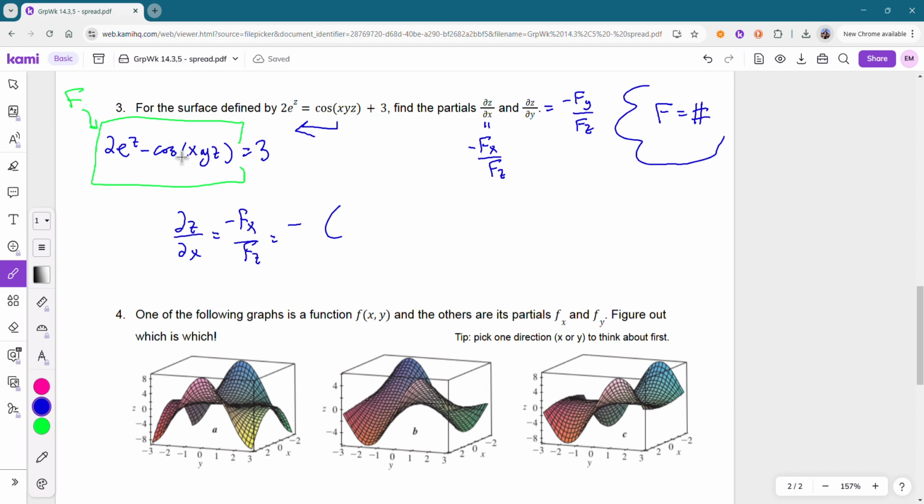The derivative of our outside function is going to be negative sine, so those negatives will cancel out. And maybe I'll write it in though. So we have the negative sine evaluated inside xyz, and then times the derivative of the inside with respect to x, which is going to be yz.